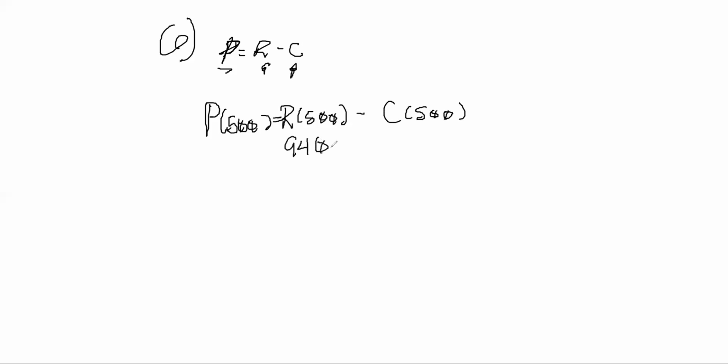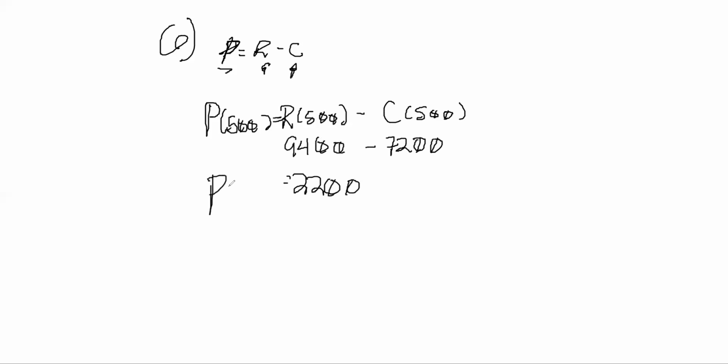So our profit, when we're making 500, is equal to the revenue of making 500 minus the cost of making 500. In this case, this is given to us. This is 9,400, and this is 7,200, and I think this is 2,200? Something like that. Yeah, that makes sense.